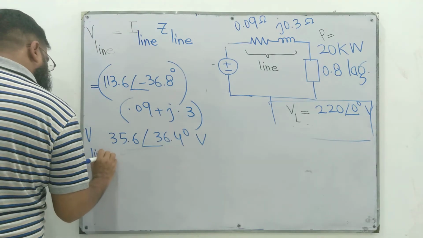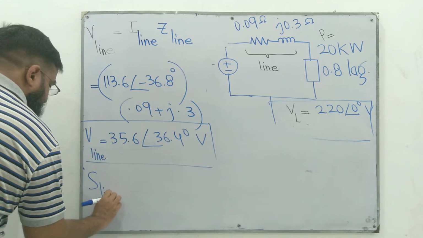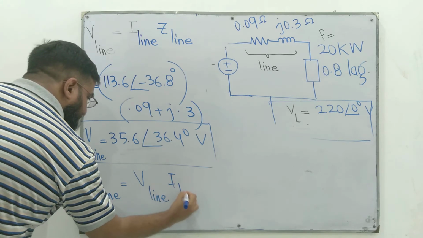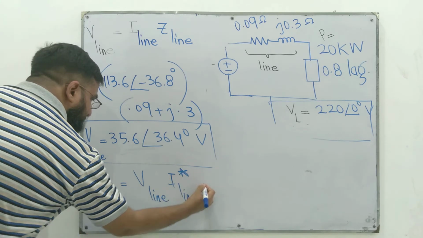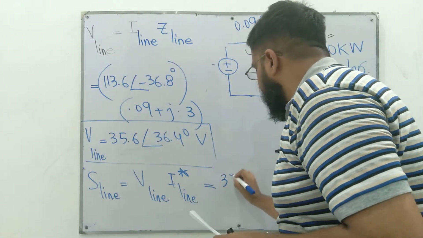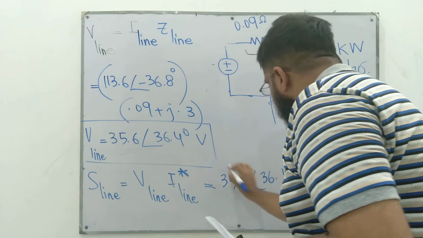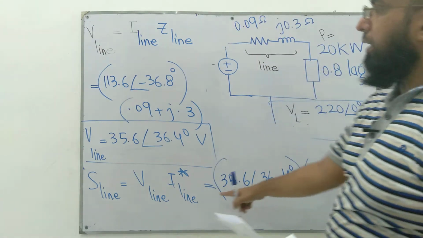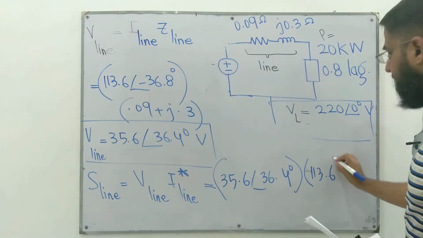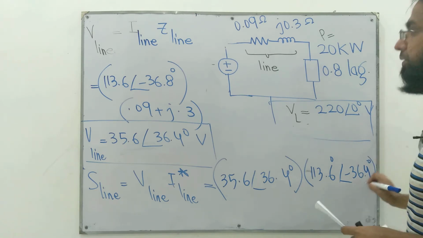Now we have everything to compute S line, because the complex power is V line times the complex conjugate of I line, and I line is the same as IL. So V line is 35.6 at an angle of 36.4 degrees, times I line, which is the same as IL, 113.6 at an angle of minus 36.4.